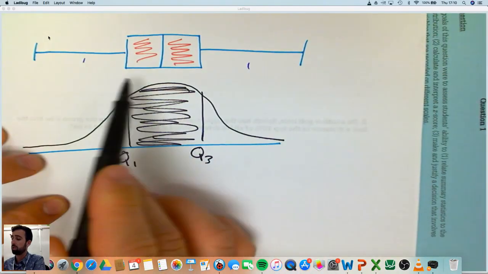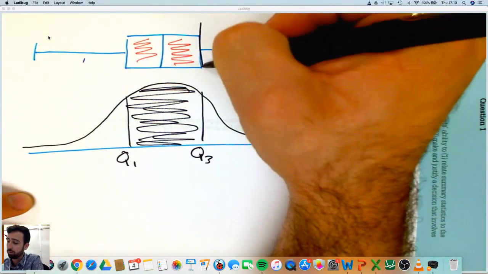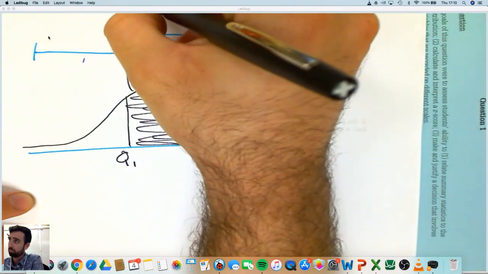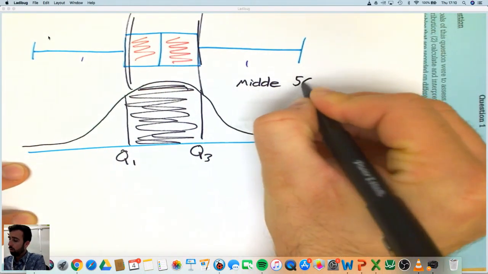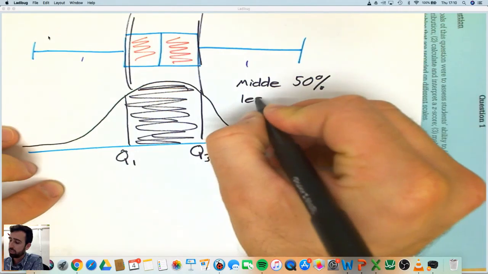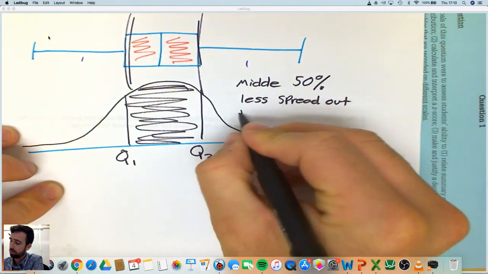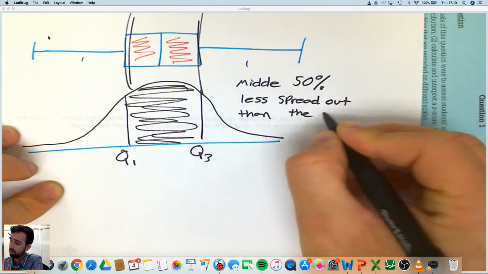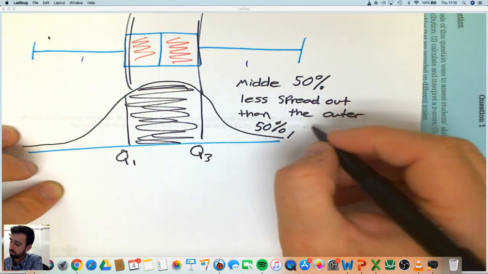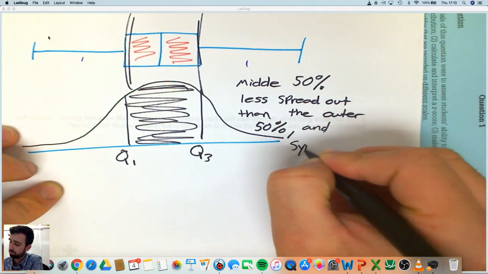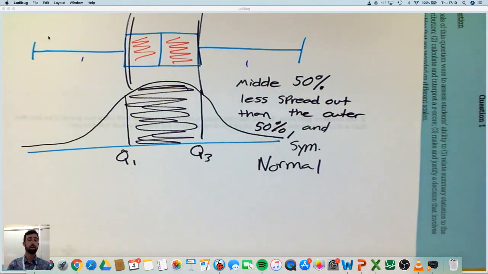So if you see a box plot or a stem plot or a histogram, where your middle 50% is less spread out than the outer 50% and symmetrical, then we can say it's kind of normal.